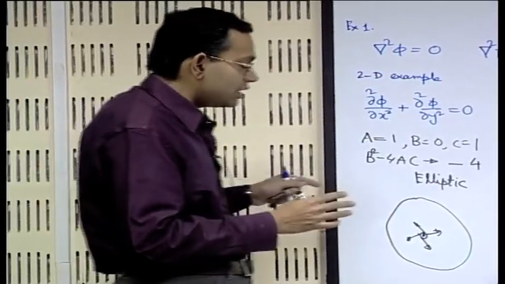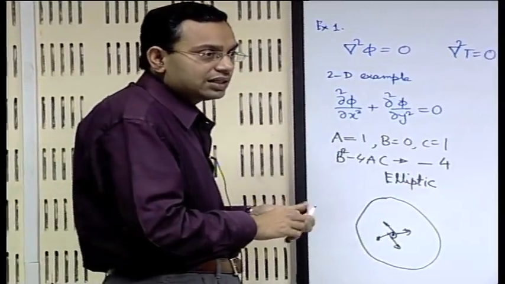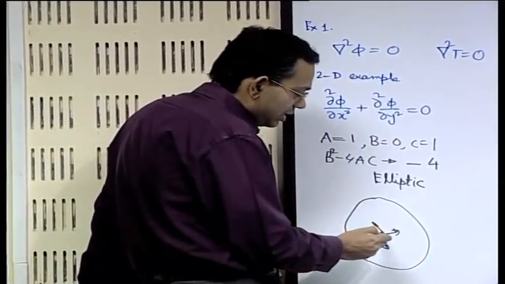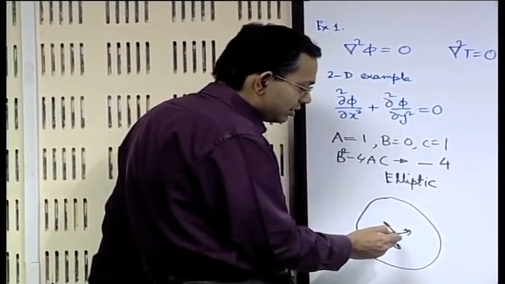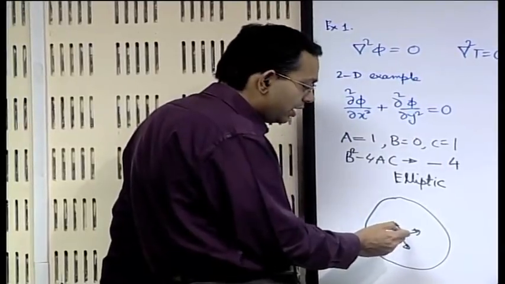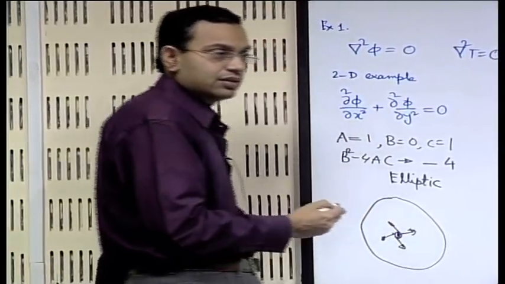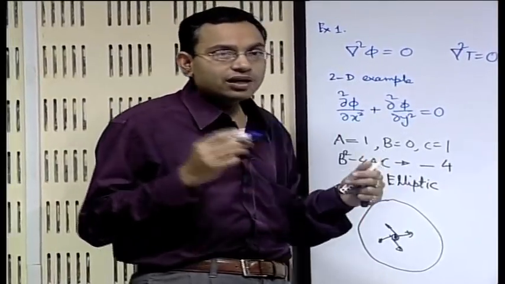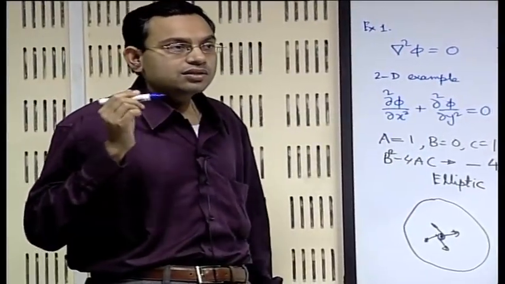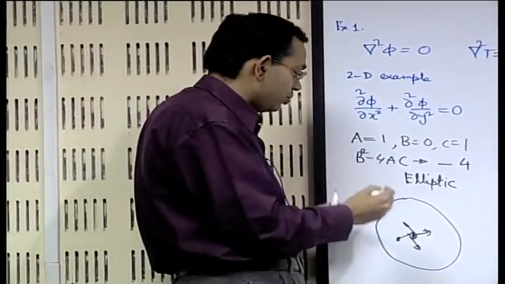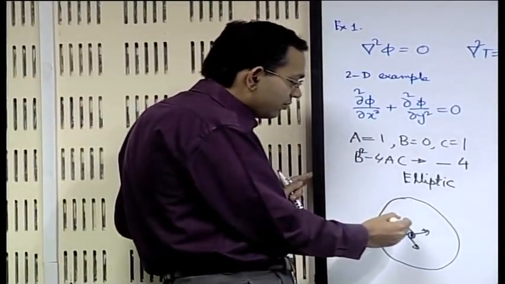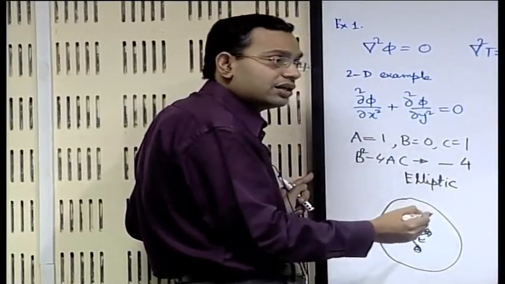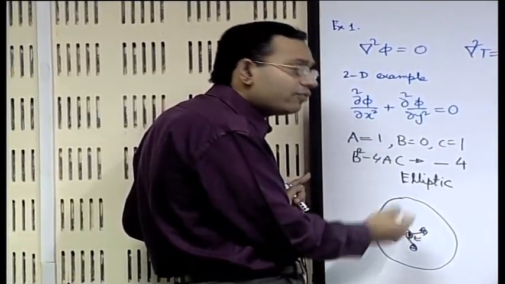So if you are considering a numerical solution strategy, then you have to be careful that if you have a particular point, then the temperature at this point should be influenced by all its neighbors, because the disturbances propagate in all directions. So if you are writing a numerical system of equations where you have some neighboring points and you have a point under concern, then the point under concern should be influenced by all the neighbors.